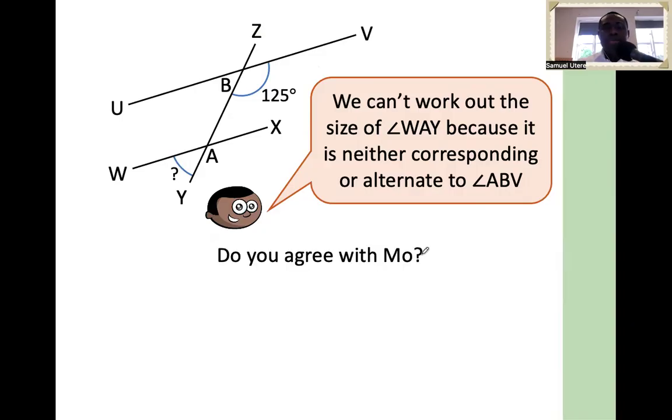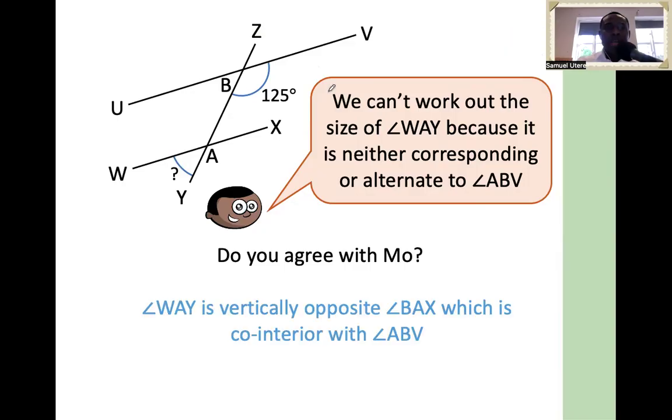Well, I won't agree because we can say angle WAY is vertically opposite to BAX. So it's vertically opposite to this angle here. Now, we also know that it is co-interior with angle ABV.